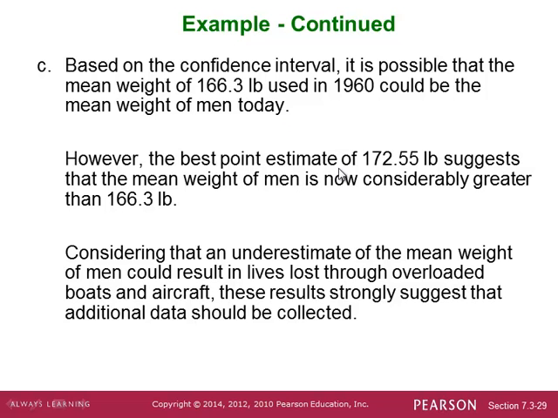But a better point estimate of 172.55, which is about 6 pounds greater, means that the mean weight of men is now considerably greater than it was in 1960. So we should really update our design guidelines so we can save some lives.